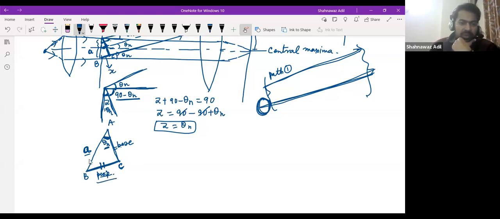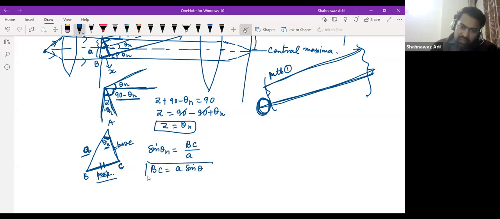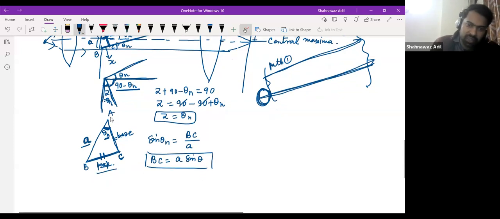What relates perpendicular and hypotenuse? Sine. Sine theta n would be the perpendicular, which is BC, by A. So BC would be A sine theta n, right? This is what we call the path difference.